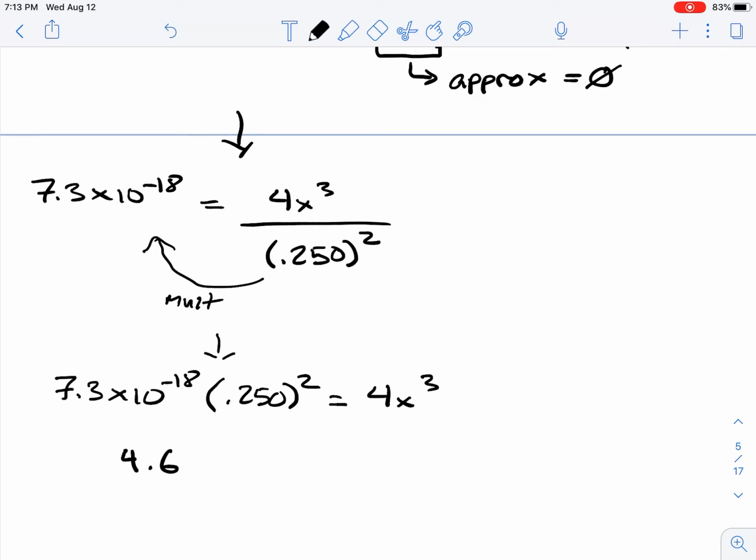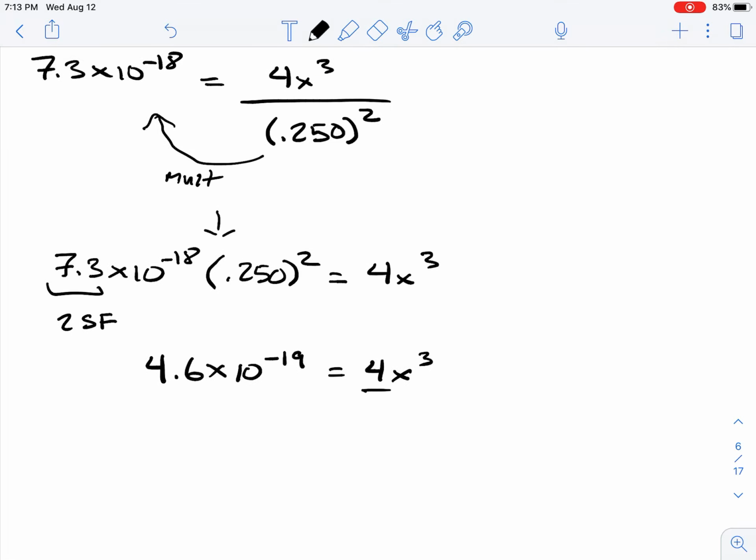And in the calculator it says 4.5625, but since I'm only recording 2 sig figs, I'm going to go ahead and round up to 4.6 times 10 to the negative 19. Okay. And so I'm going to go ahead and divide both sides by 4. Okay. And I get 1.1 times 10 to the negative 19.